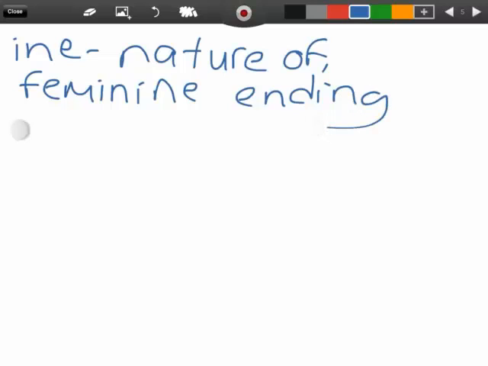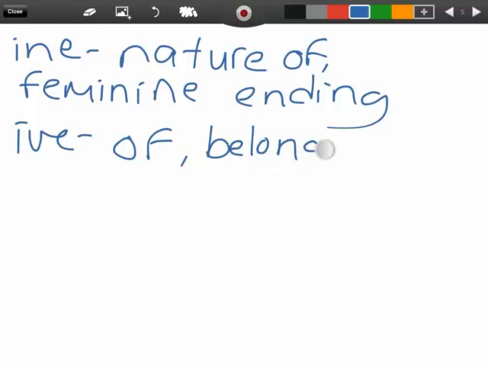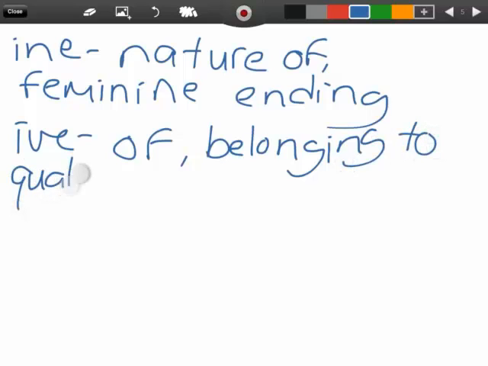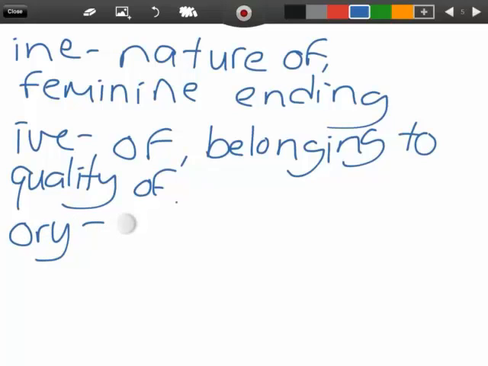Moving on to my next suffix is ive, and ive means of, belonging to, or quality of. Moving on to my next suffix is ory, and ory also means the same as in the noun suffix, as in the adjective suffix. It means place for.